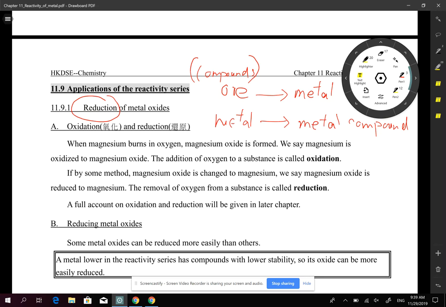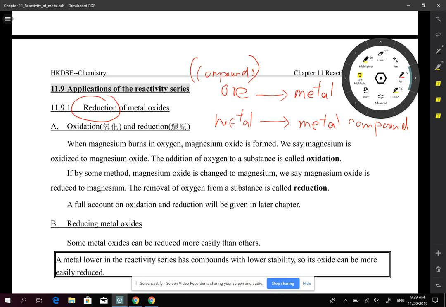We can name the two processes as reduction and oxidation. Which one is reduction? Reduction means forming back to the original. So the first reaction or the second reaction can be named as reduction. Which one is the reaction that forms back the original substance?